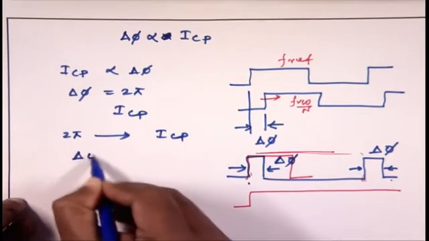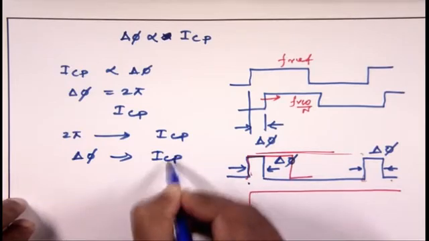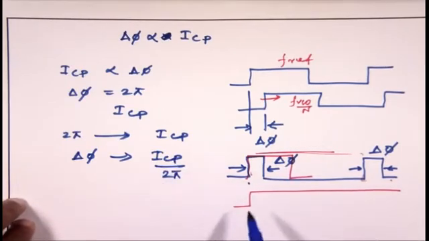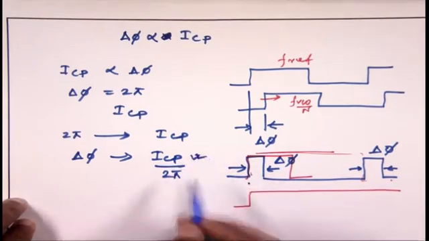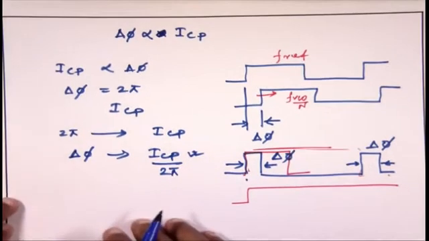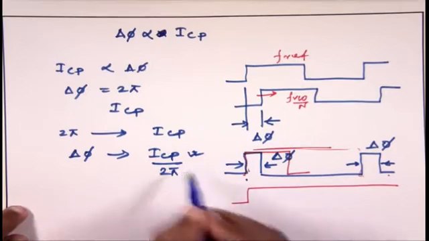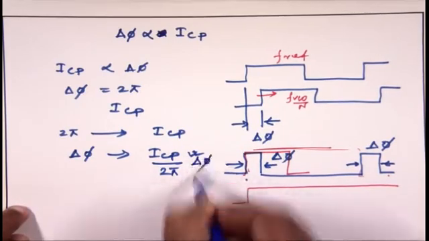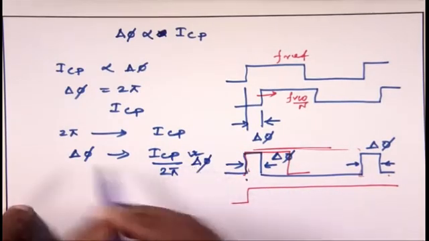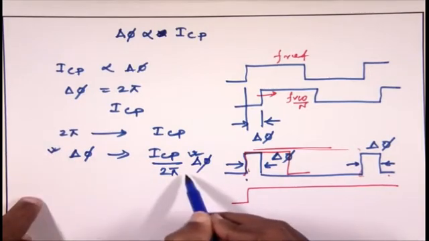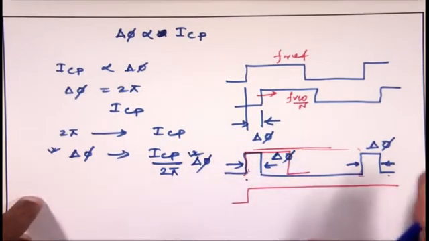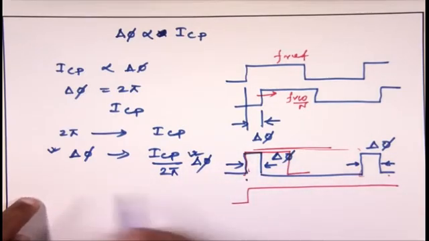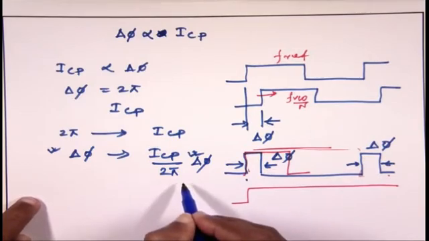So for delta phi amount, it should be ICP by twice pi. This is the gain of the charge pump, into delta phi. So for the delta phi amount, the current will be ICP by twice pi into delta phi. It is proportional, and I am assuming it is linear. And then this amount of current will go to the filter.